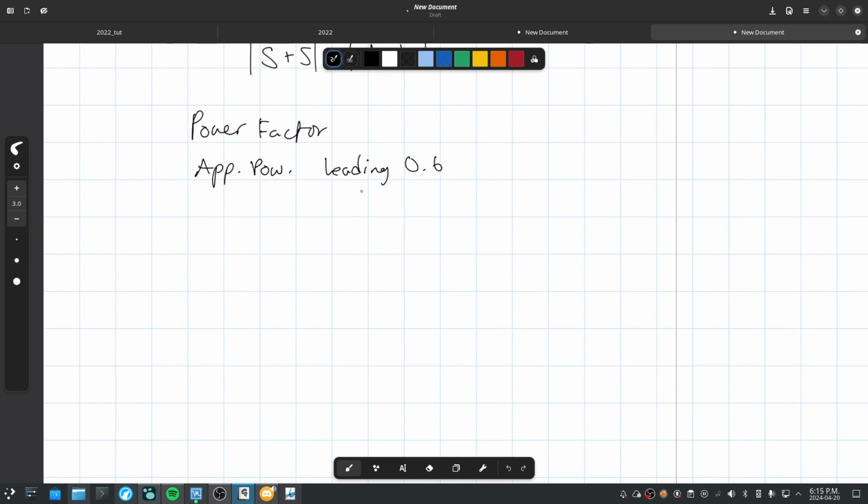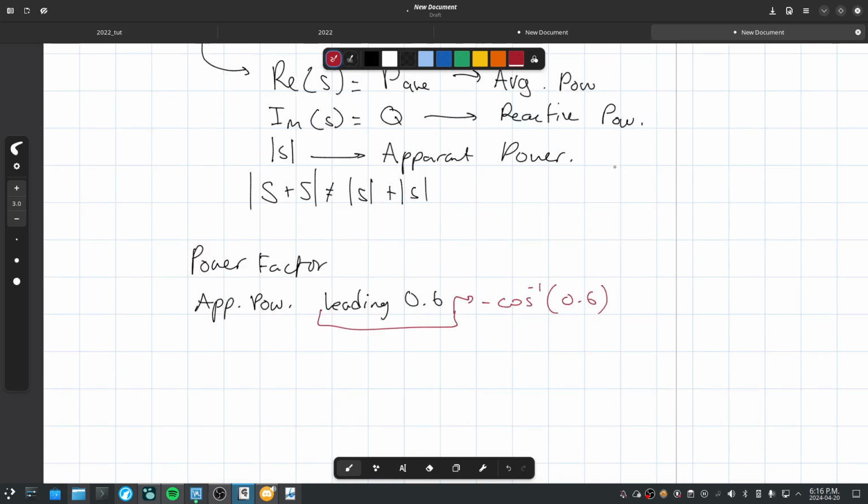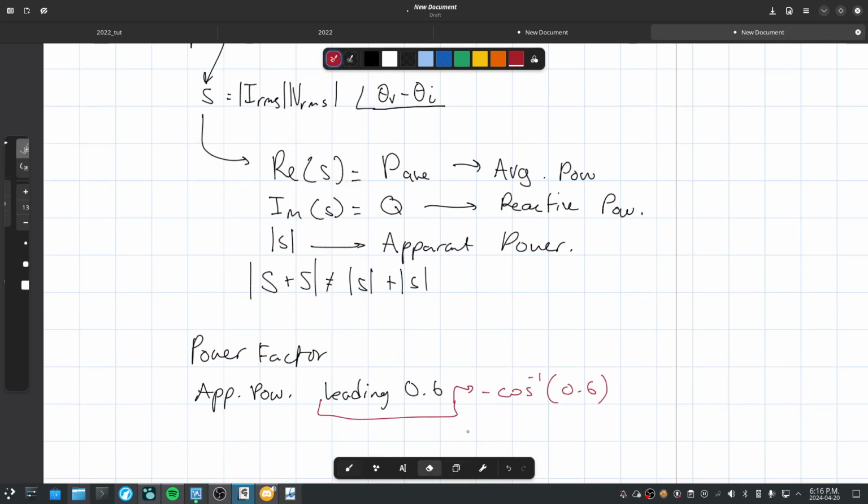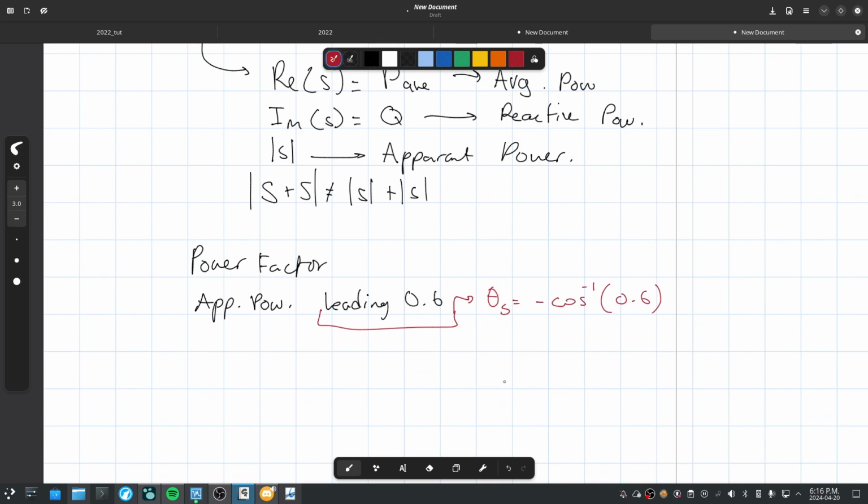What this means is that the angle of S is equal to negative cosine inverse of 0.6, which is also equal to the angle of V minus the angle of I. So lagging is positive.